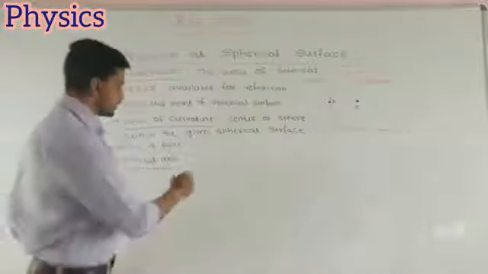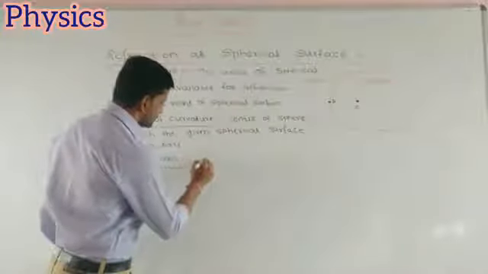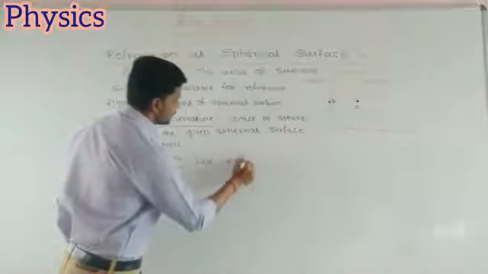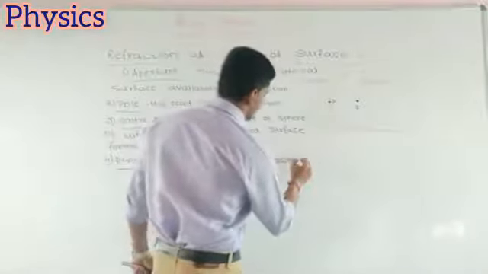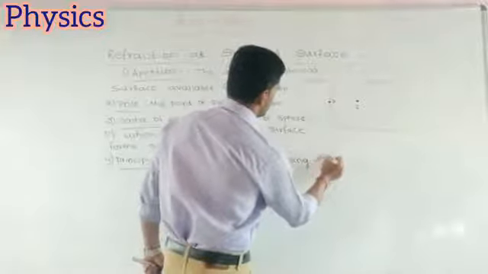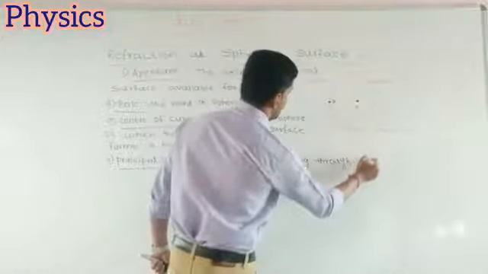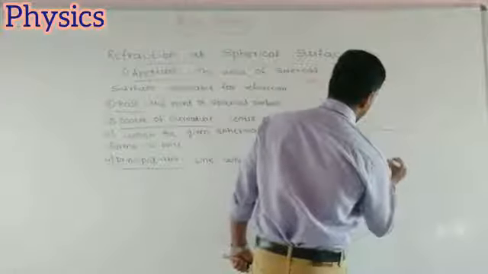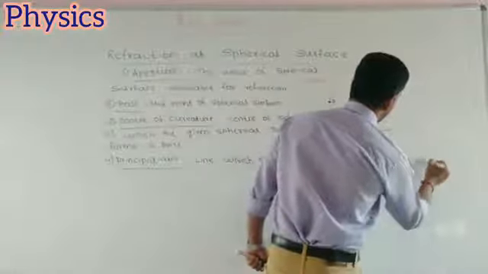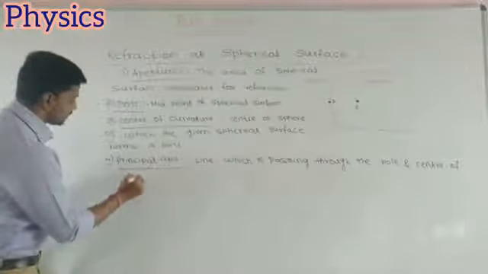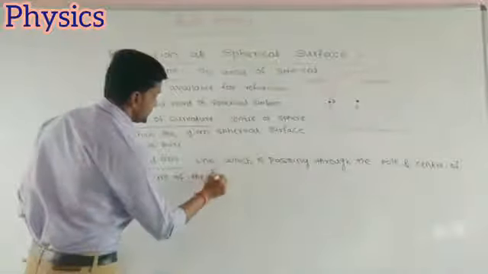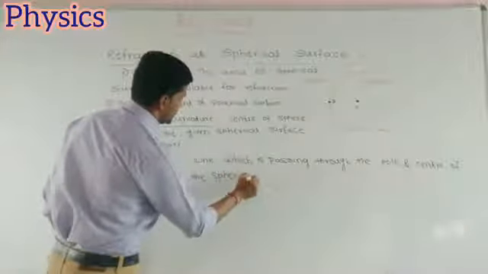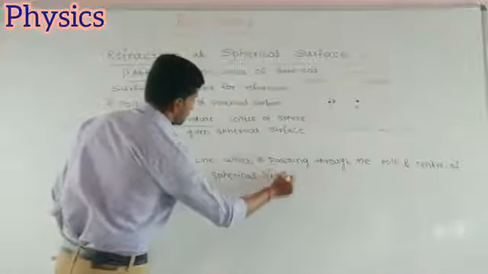Principal axis is nothing but a line which passes through the pole and center of curvature of the spherical surface.